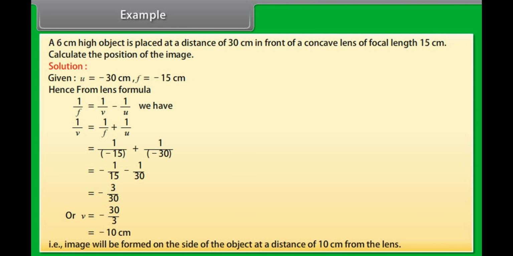That is, the image will be formed on the side of the object at a distance of 10 centimeters from the lens.